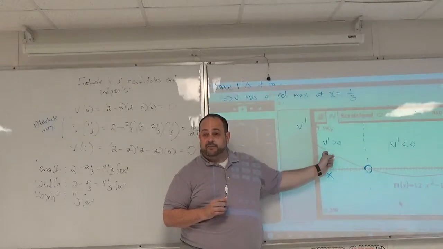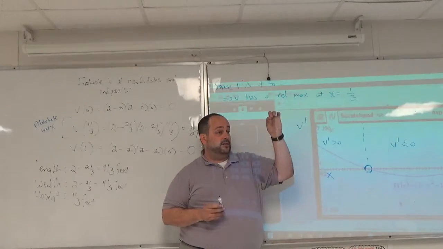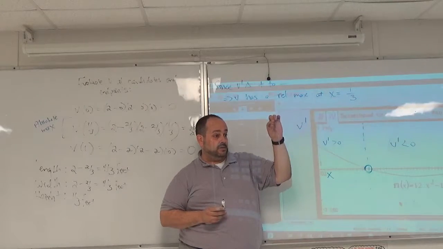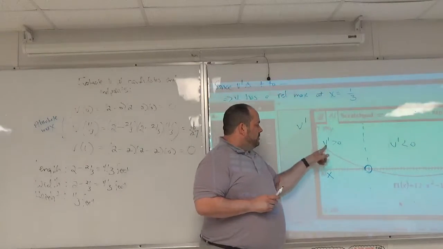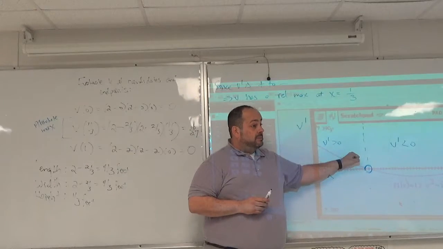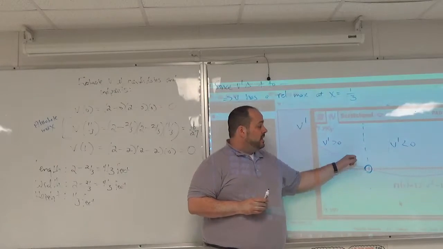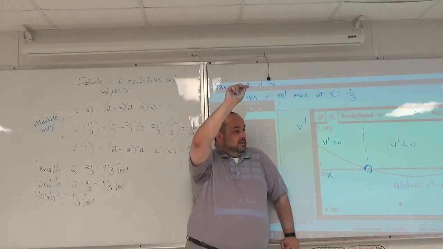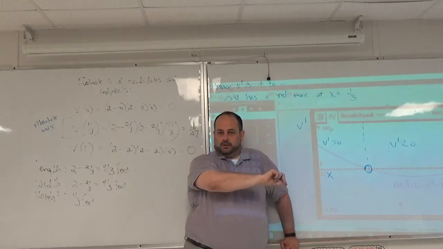The volume graph starts off at some point over here and then does what? Right, this is the graph of the derivative. Tell me about the graph of the volume function. The volume function is increasing and then decreasing.